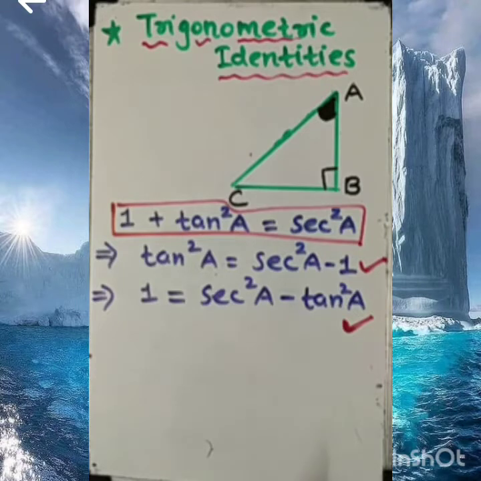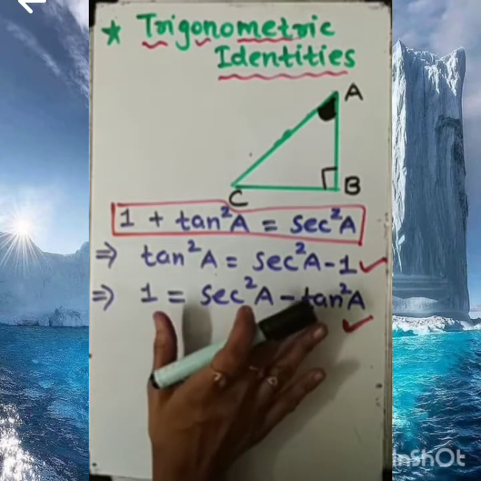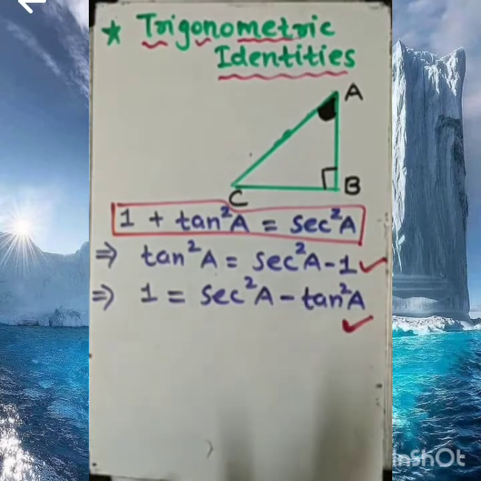Now the third is similar to what we did in the second, very simple. Here also the condition is that the value lies between 0 degree and 90 degree. The condition remains the same: 0 degree less than A less than 90 degree.